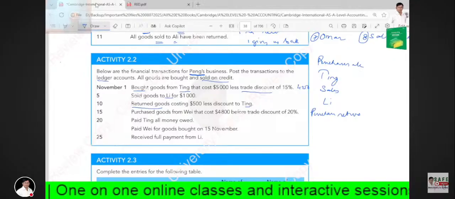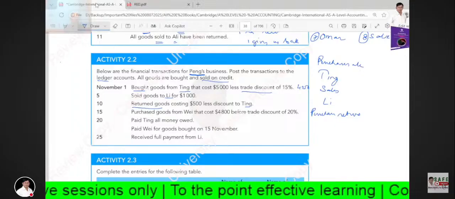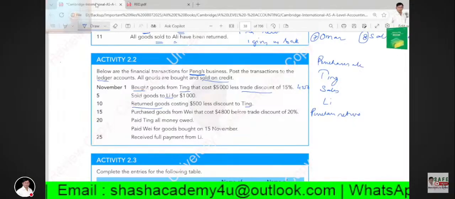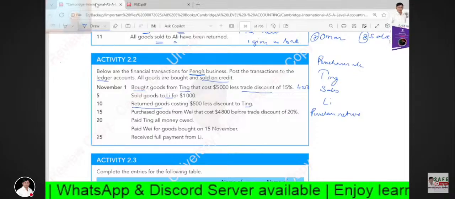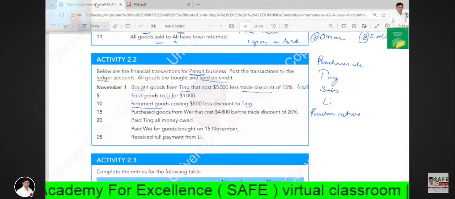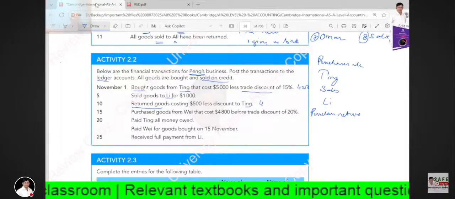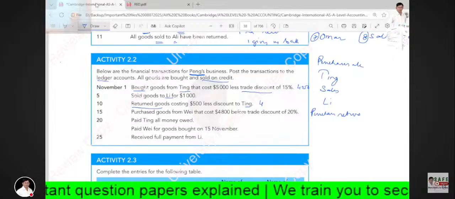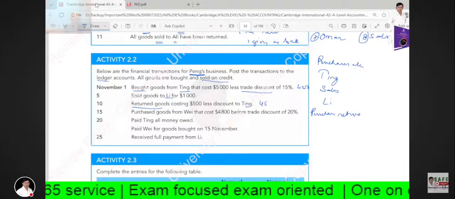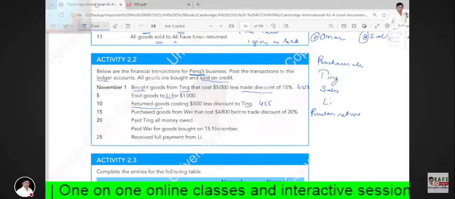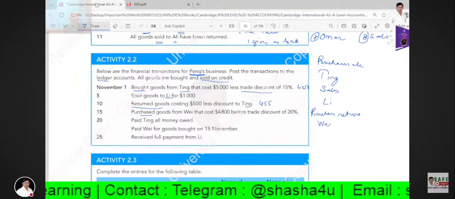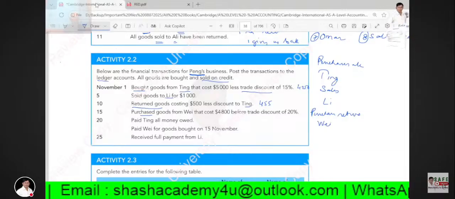Less 15% trade discount: 15% of 500 is 75, so 425. Purchase goods from V. Again purchases, the purchases account is already there, and V. Cost 4,800 less trade discount of 20%.